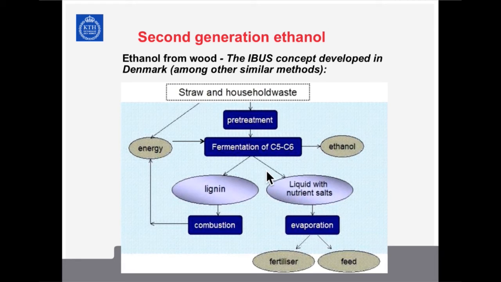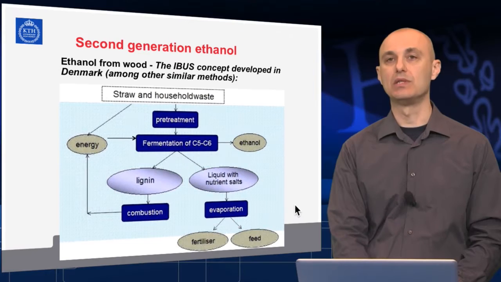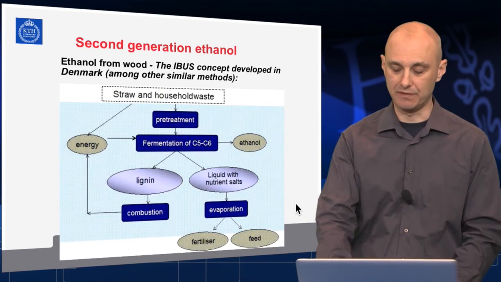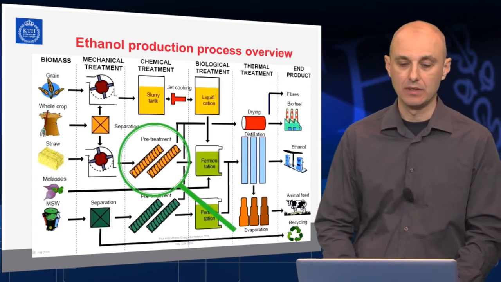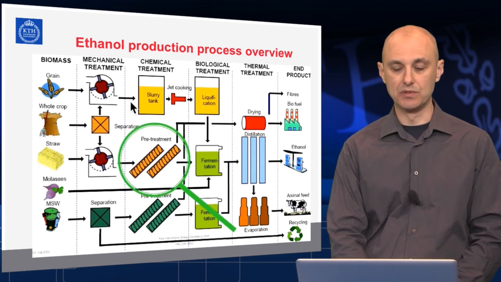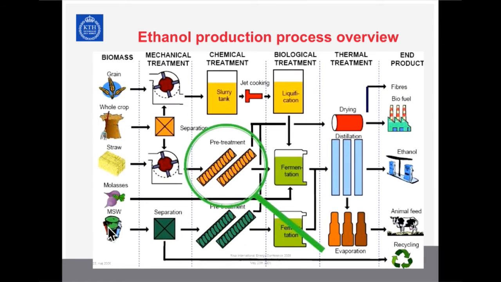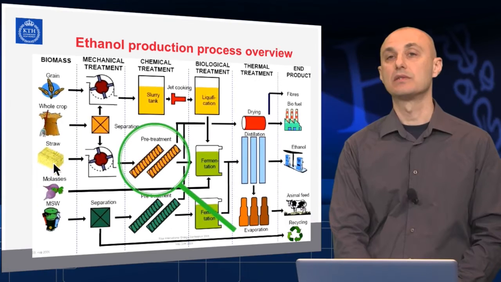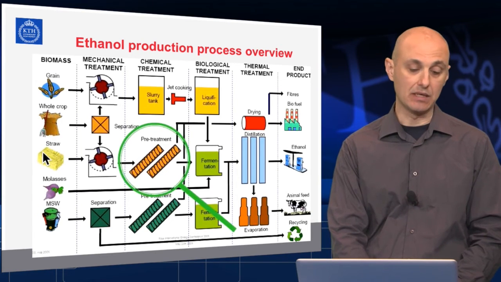Then ferment them. Then do something with the residues and try to produce the final product with the least expenditure of external energy. This is like an overview of the different production routes or steps, starting from different crops or initial starch or sugar containing stuffs.